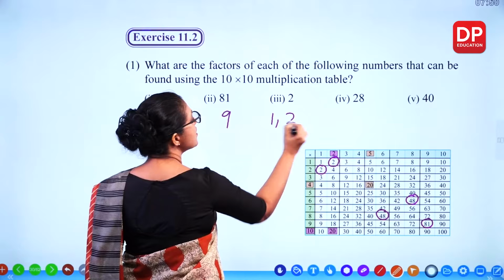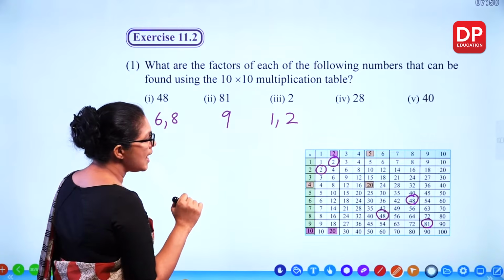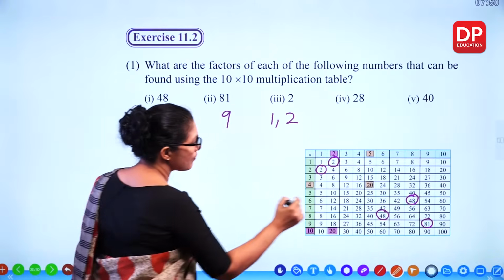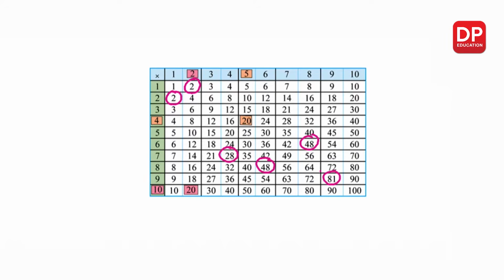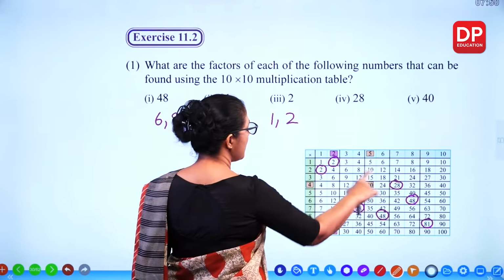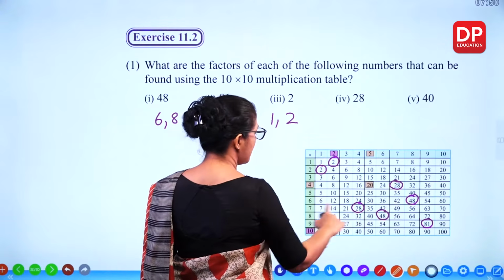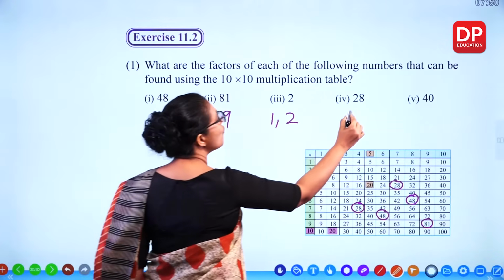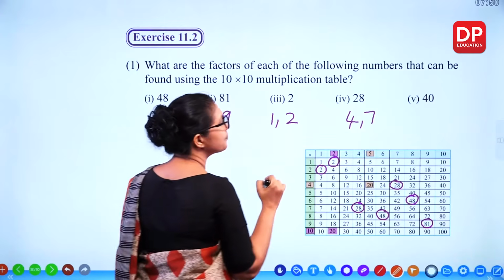So 1 and 2. 28. This one. What else? Here. And that's all. So 28 means 4 and 7. 7 times 4. 4 and 7.